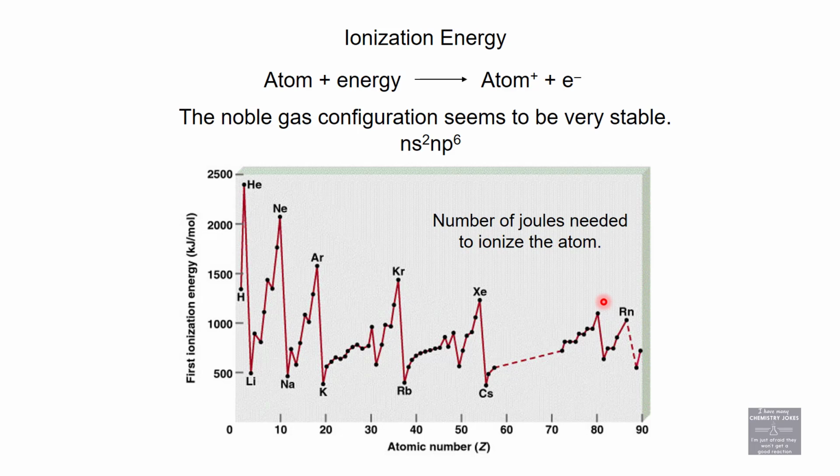Ooh, there's something that seems to be especially stable about the noble gas electron configuration. So these guys are what everybody wants to be like. What? Yeah. Everybody wants to be like neon or argon or krypton or xenon or helium or radon. Yeah, everybody wants to be like the noble gases.